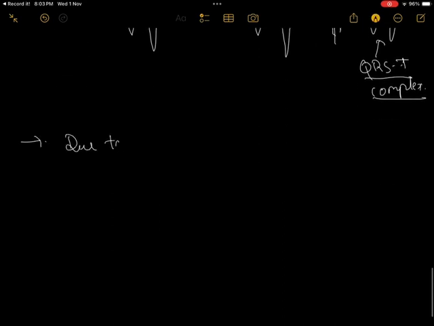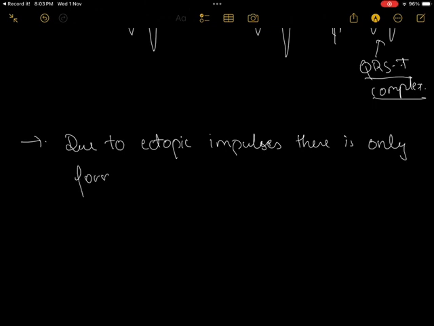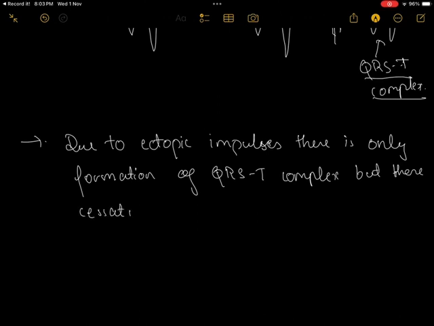Due to ectopic impulses, there is only formation of QRST complex, but there is cessation of P waves seen, means there is no formation of P waves.